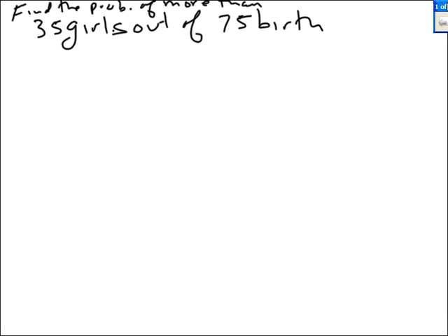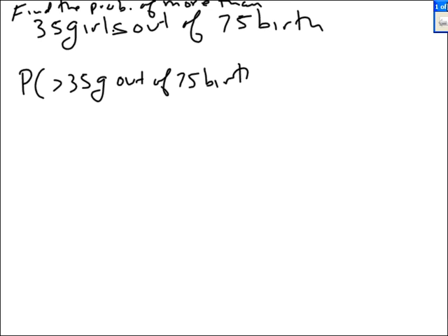Now, the way you would do this as a binomial distribution is this: the probability of having more than or equal to 35 girls out of 75 births. Well, this would be a straightforward problem.